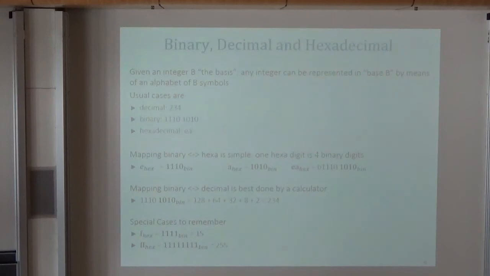Every time it is 2 to the power 4 minus 1, because if I add 1 to this, I will have a carry 4 times. I will have 1 followed by 4 zeros, which is 2 to the power 4, 16, minus 1, 15. And the same for this one, 2 to the power 8, which is 256, minus 1, 255.